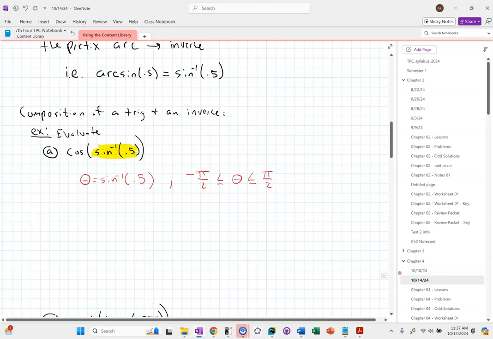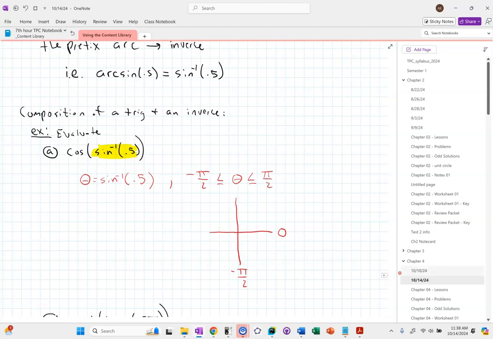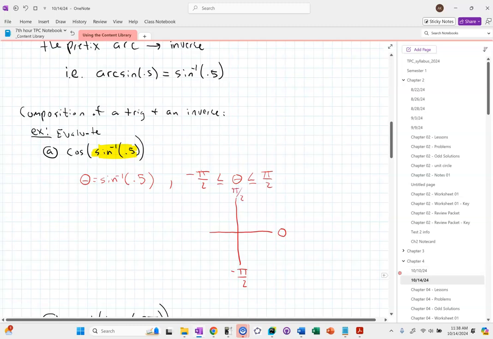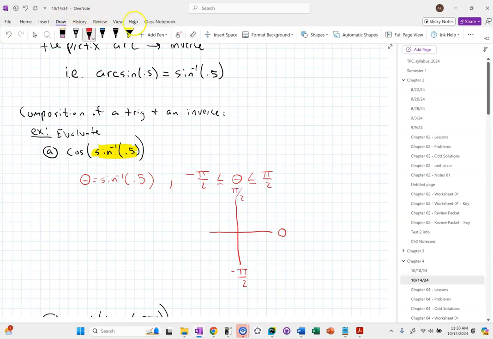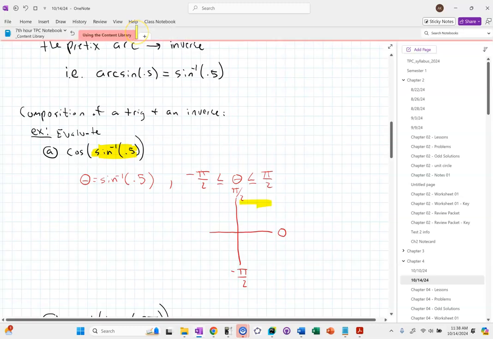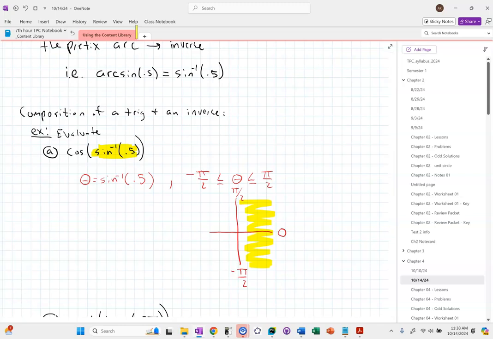Okay. So I have 0, and if I go to the right, or clockwise, I could have a negative answer, right? Or I could go counterclockwise, because I could still have a positive answer. So I know my solution here is going to lie in quadrants 1 and 2, or sorry, 1 and 4.